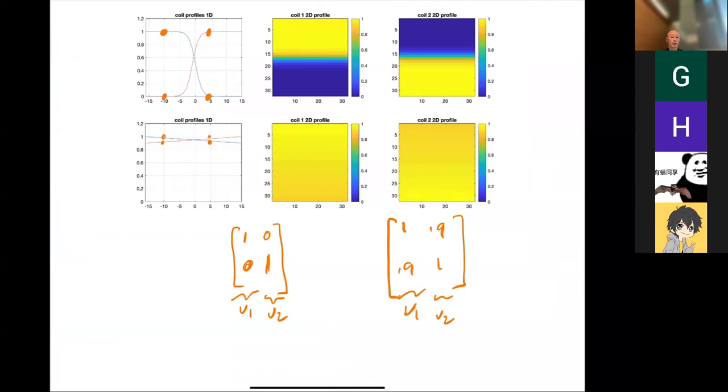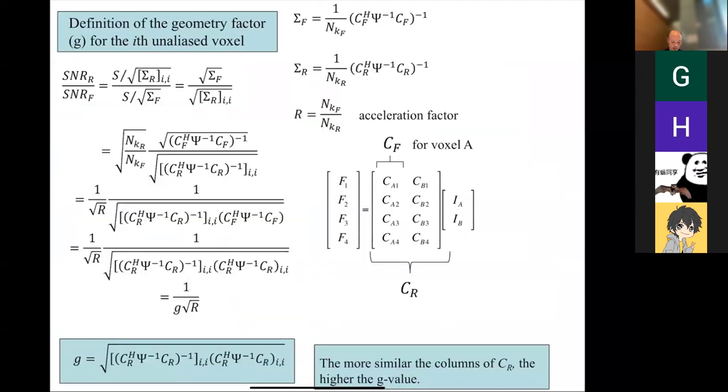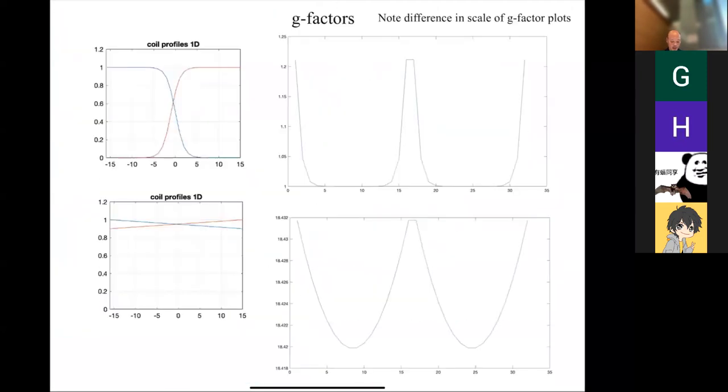That's what you'll see here in the G factor map for this one. The numbers vary from 1 to 1.2 when those two vectors are close to orthogonal. And here, they go from like 18 to 19. The scale is huge. It's a huge G factor.